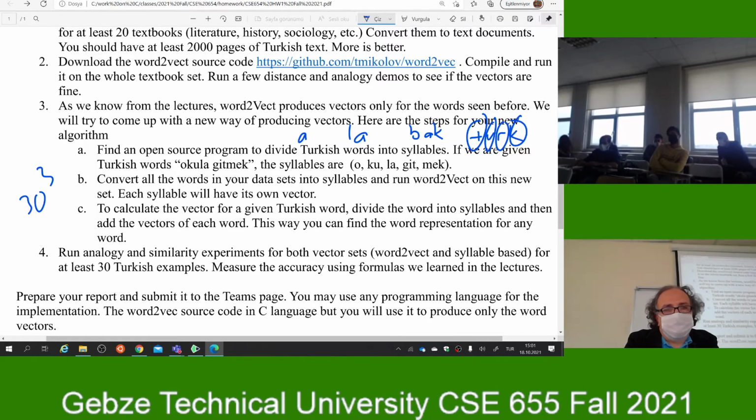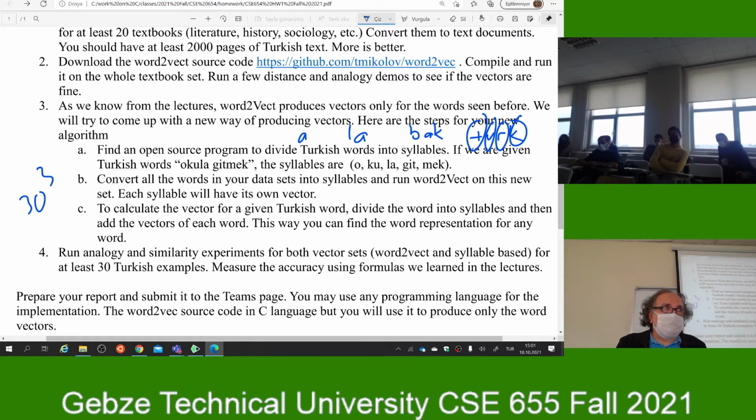What is this number? 900 times 30, 27,000. Okay, we are talking about a dictionary size of maybe at most 50,000, not much. So that will give you the vectors for the syllables.